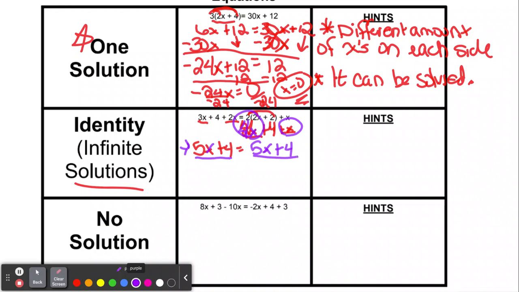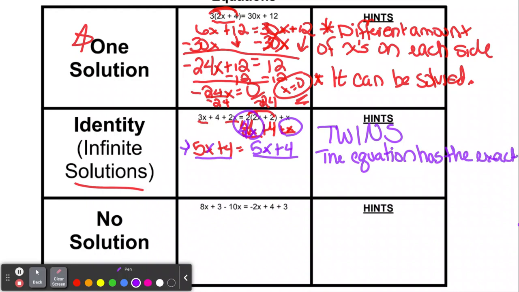I can put negative 18.5 and that answer would be right. So if you get to the point where we would have what we called in class twins, we know it has infinite solutions because the equation has the exact same amount of x's and numbers without an x.